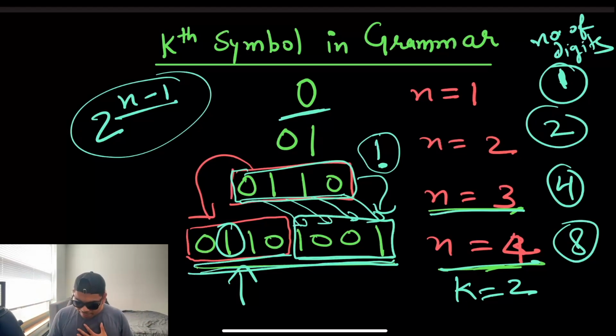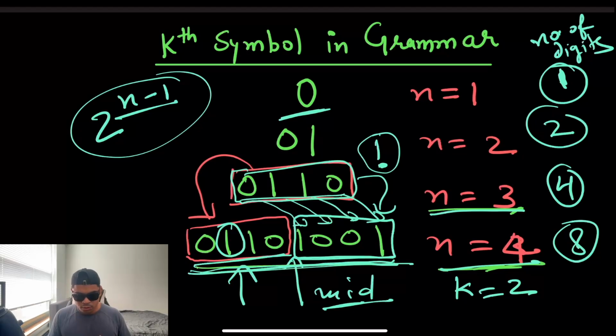So what will happen is, I will try to find the mid of the length for n equals 4. I find the length using 2 to the power n minus 1.